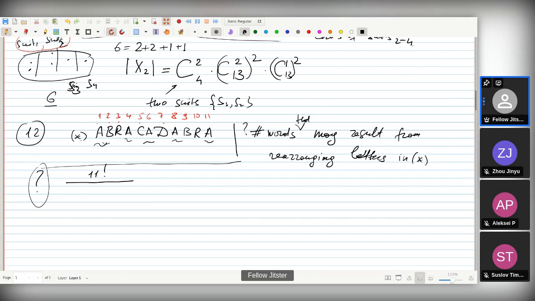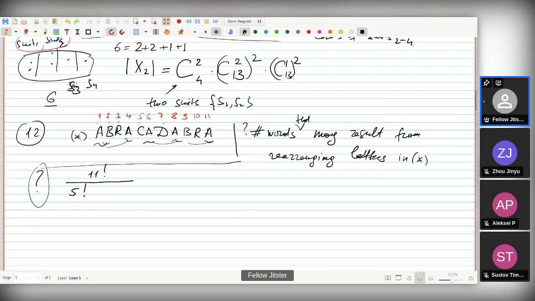For every permutation, if we change just the order of A's, it will not matter. Is it clear? Yes. So the number of permutations that matter is 5 factorial times less than the entire number. At least this many times less.